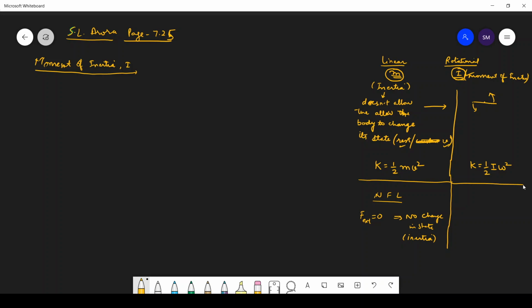Similarly here, equivalent to that, if tau external is 0, of course internal is 0, no change in state of rotational motion.